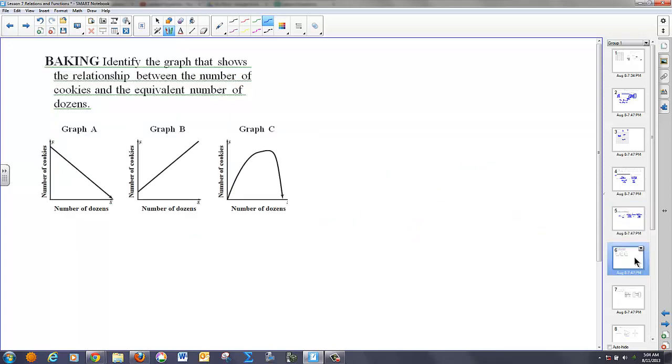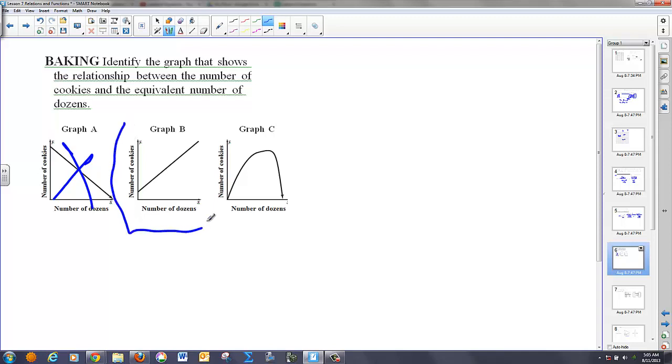We want to identify the graph that shows the relationship between the number of cookies and the equivalent number of dozens. So again, we have two axes, one being the number of dozens, the other being the number of cookies. This says as my dozens increases, my number of cookies goes down. Well, that doesn't make any sense. As I get more dozens, my number of cookies should go up.